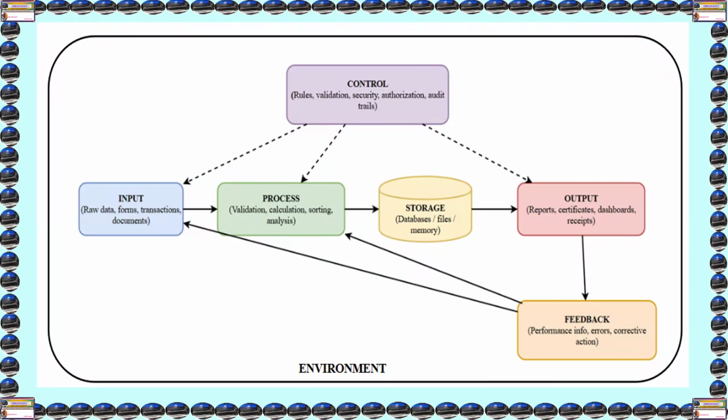And this is raw data, which can be in the form of forms, transactions, transaction documents, etc. Now, from the input, data or raw facts are entered into the system where they are processed. And we have said that process is the act of validating, calculating, sorting, analyzing. In other words, converting the raw facts from being raw to being processed.